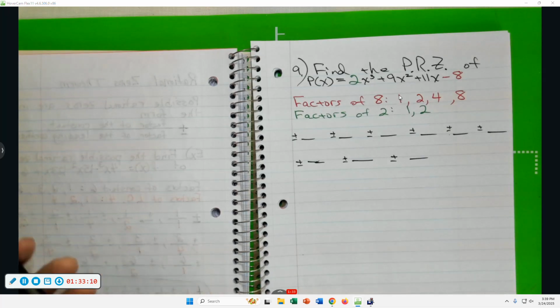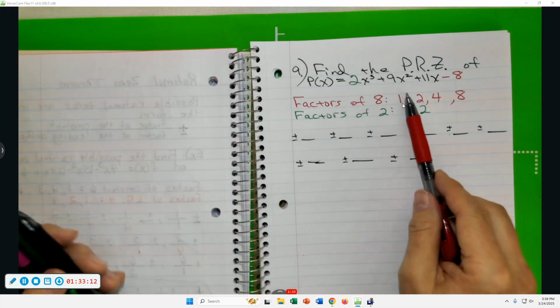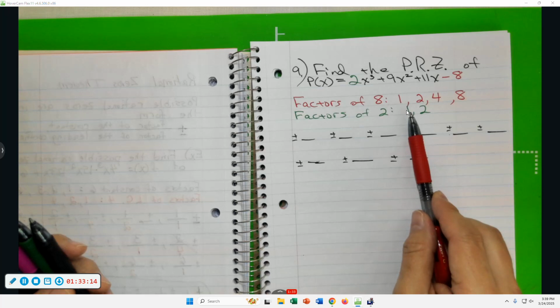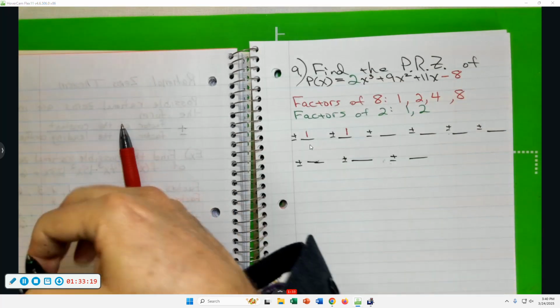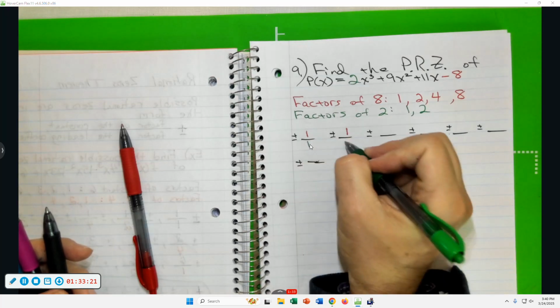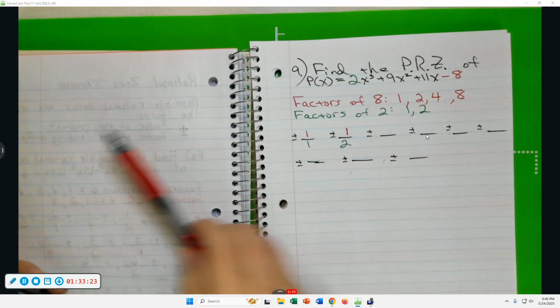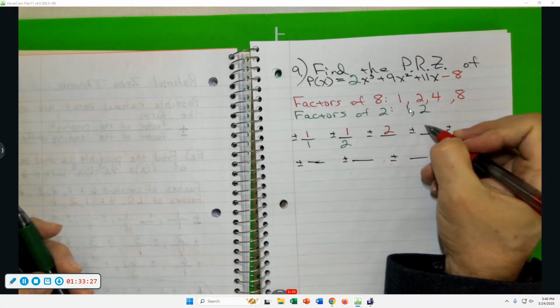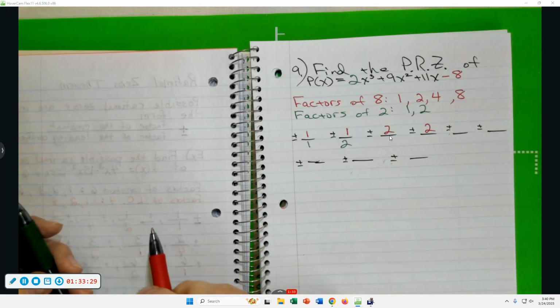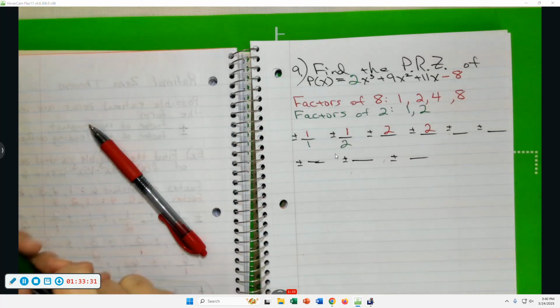You take 1 and you put it over 1, 2. So you put that first 1 over 1, 2. Then you take 2. What do you put it over? 1 and 2 again.